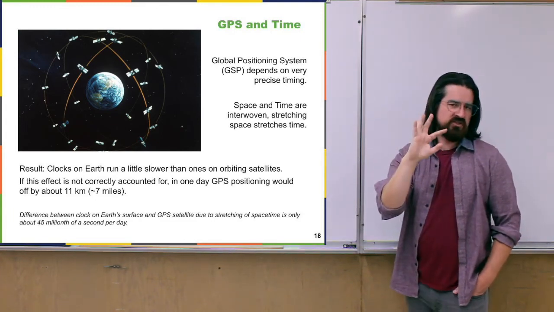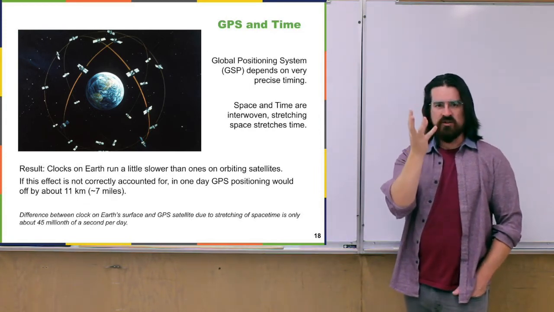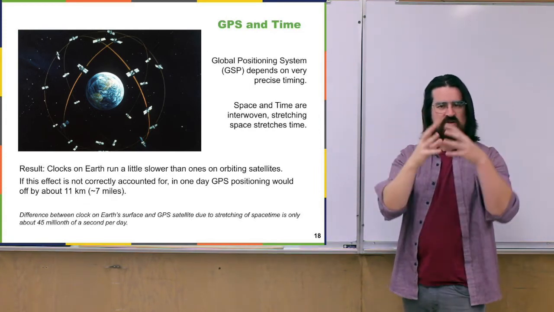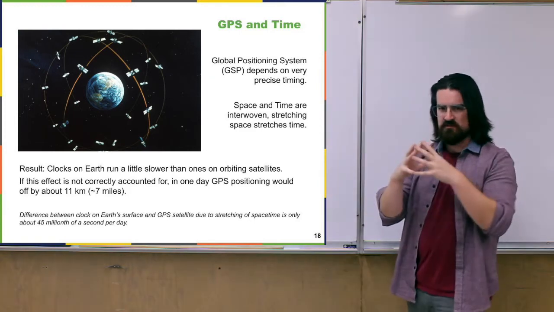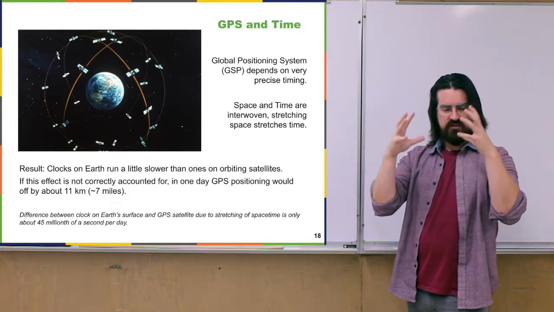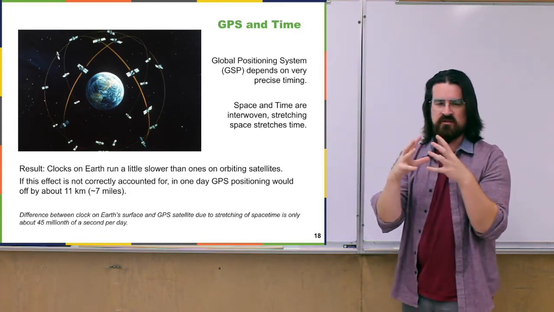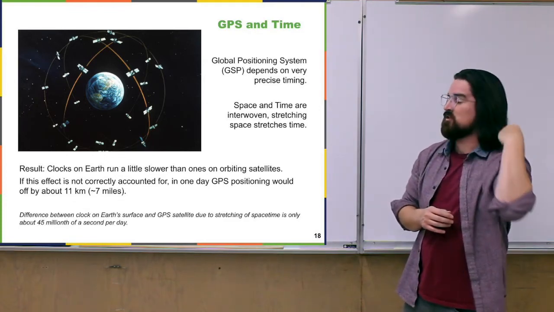It may not be stretching space-time very much, but it does stretch it. The closer you are to Earth, the stronger the gravitational field, so the more stretching there is. If you're stretching space around the Earth, you're also stretching time, and the closer you are to the Earth, the more time is stretched. That can be a confusing thing to think about.